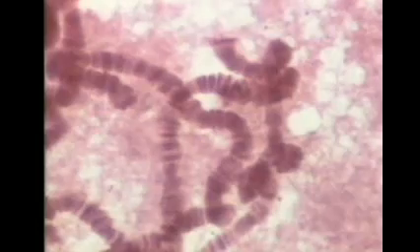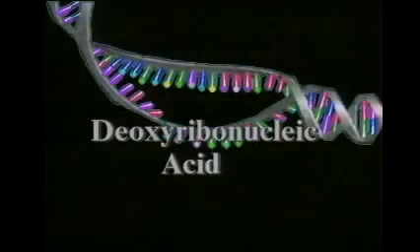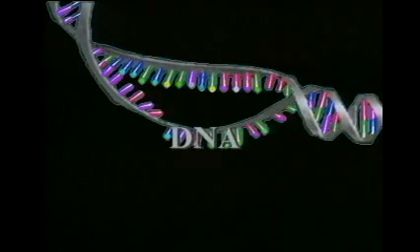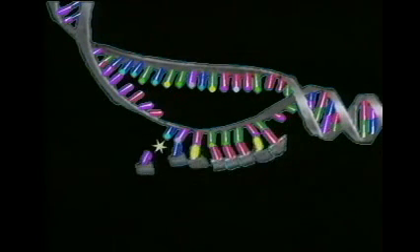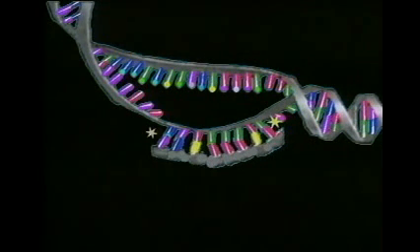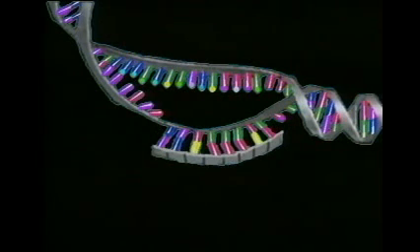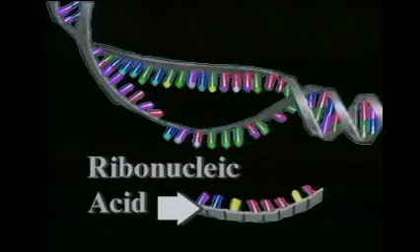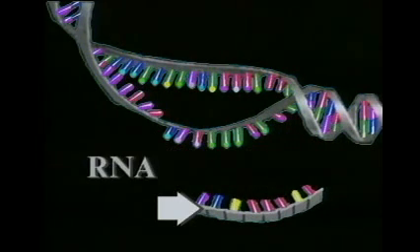The chromosomes of all living things contain huge molecules of deoxyribonucleic acid, or DNA, which hold the master set of instructions that control both the day-to-day operation and the reproduction of cells. Whereas several types of ribonucleic acid, or RNA, act as intermediaries in the flow of information within the cell.